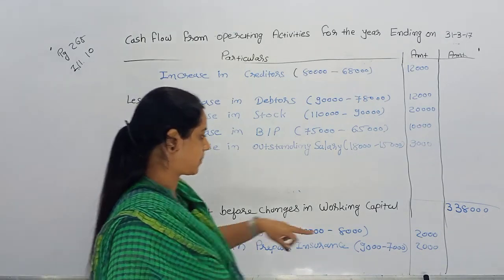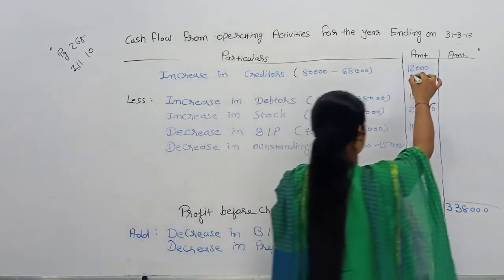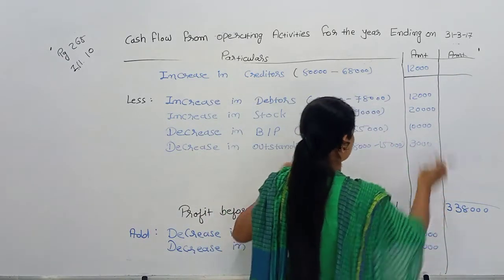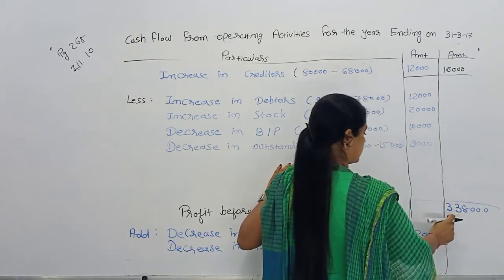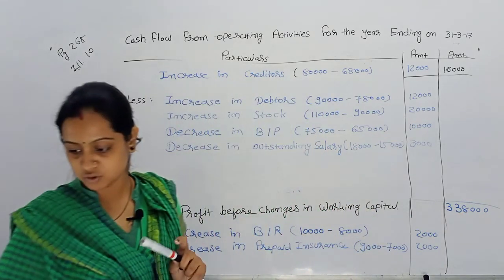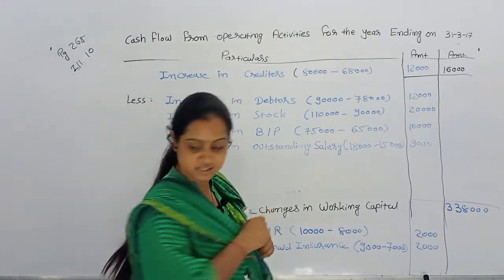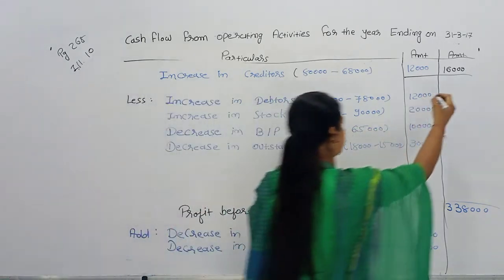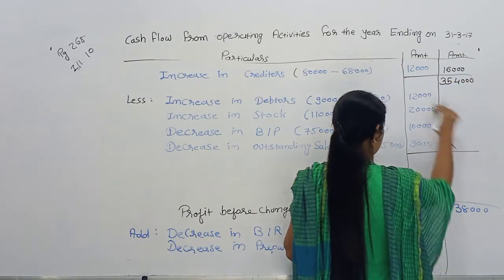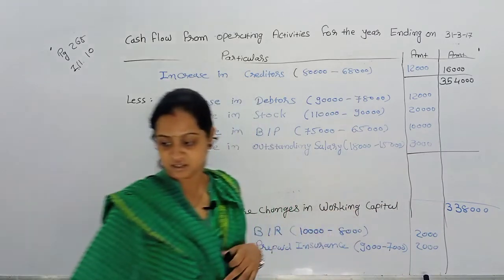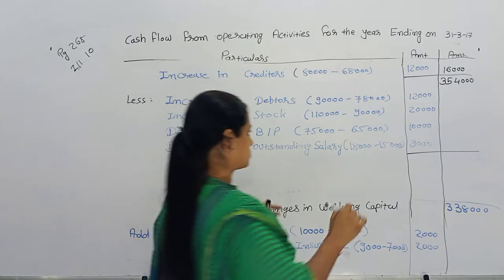Now we'll do the total. 2,000 plus 2,000 plus 12,000, and our answer will be 16,000. We have to add 16,000 to 3,38,000. So our answer will be 3,54,000. Then again we have to do the total of this, and that is 45,000.